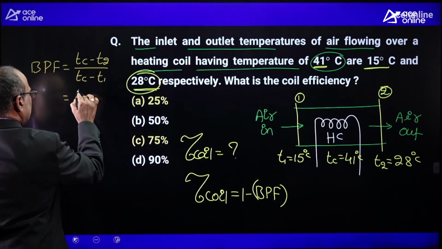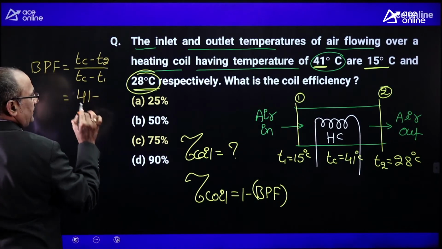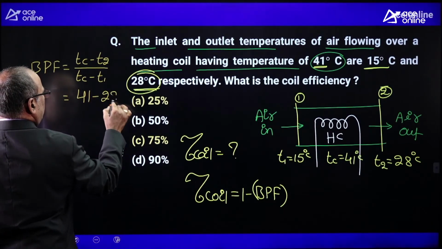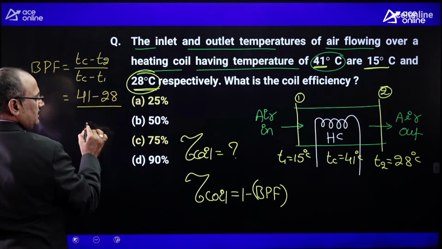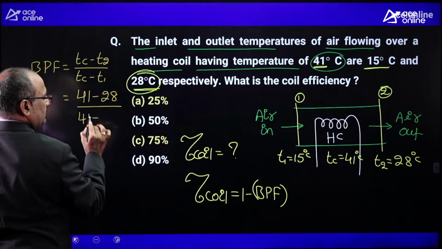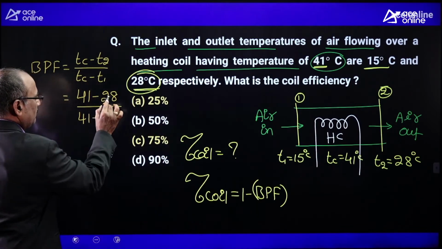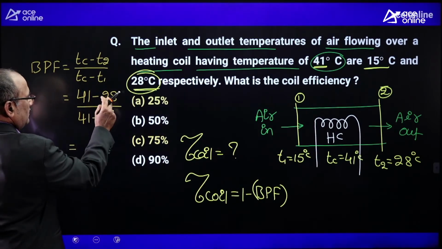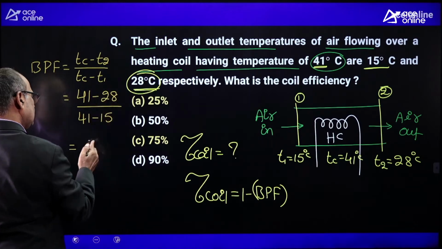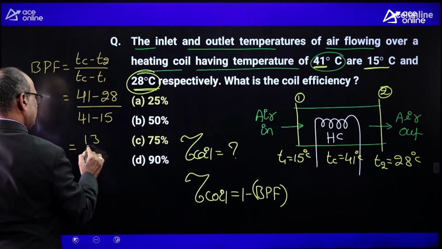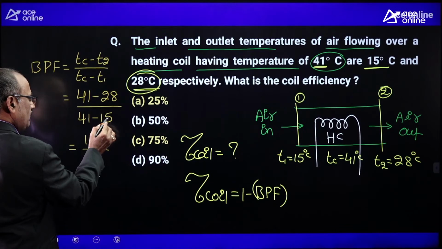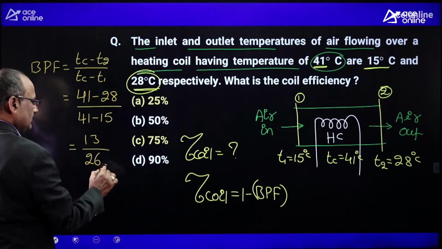What is Tc? 41 minus T2, 28, divided by 41 minus T1, 15. 41 minus 28 is 13, divided by 41 minus 15, 26.